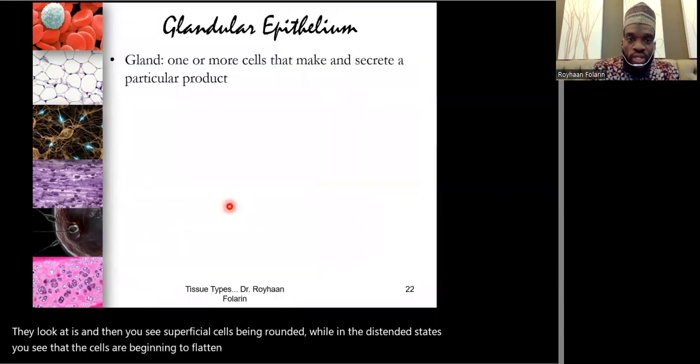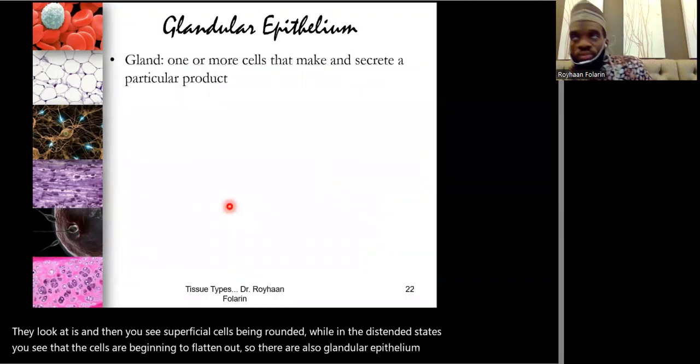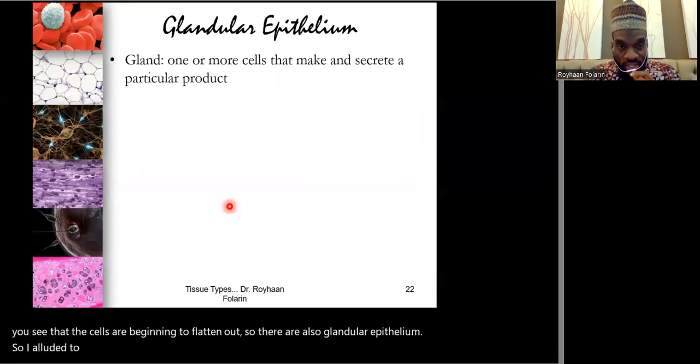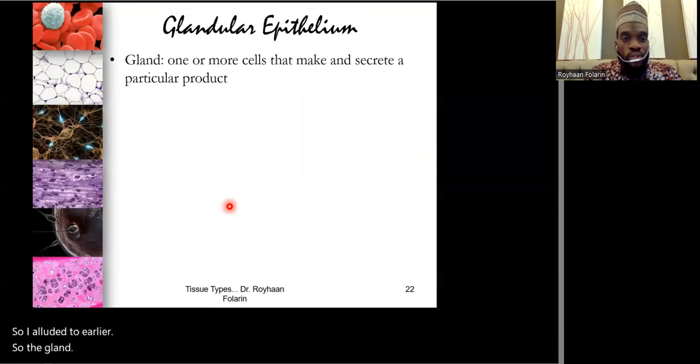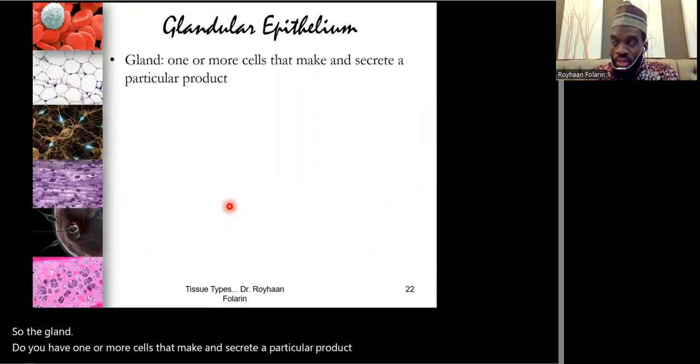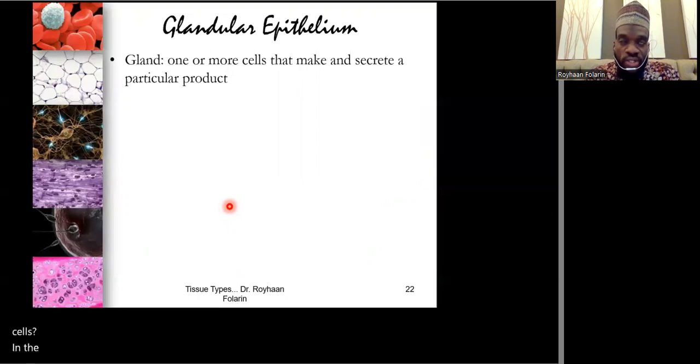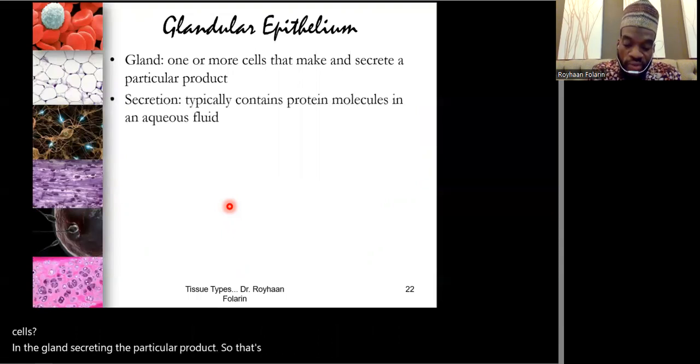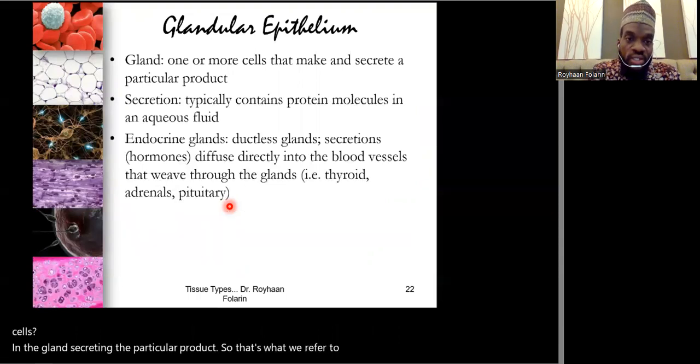So there is also glandular epithelium. Like I alluded to earlier, in a gland you have one or more cells that make and secrete a particular product. That's what we refer to histologically as a gland.